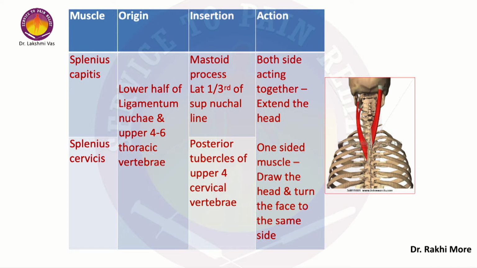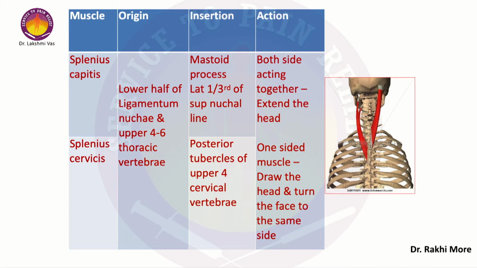From here they run laterally because they arise from the spine and get inserted into the transverse process. The splenius capitis gets inserted into the mastoid process and lateral 1/3 of the superior nuchal line, and the splenius cervicis gets inserted into the posterior tubercles of the upper 4 cervical vertebrae.